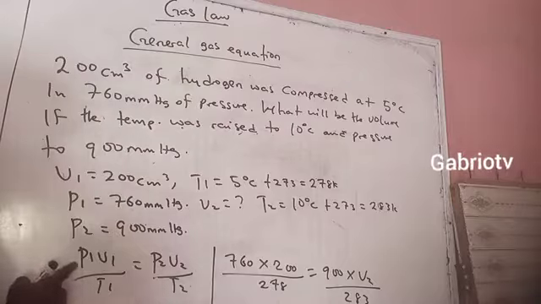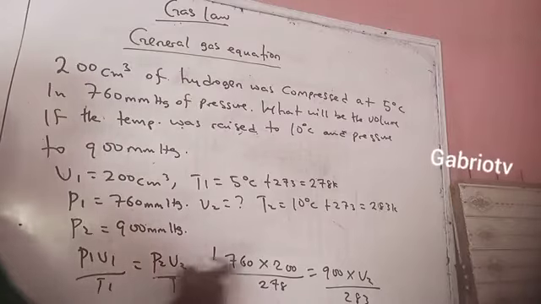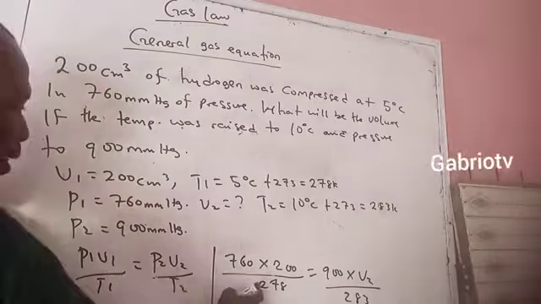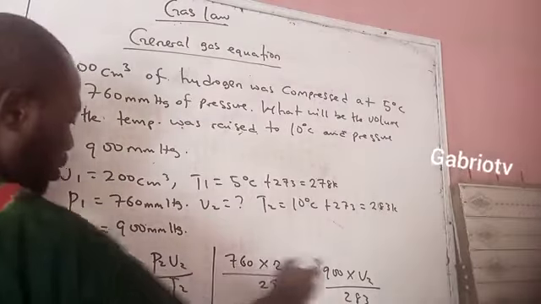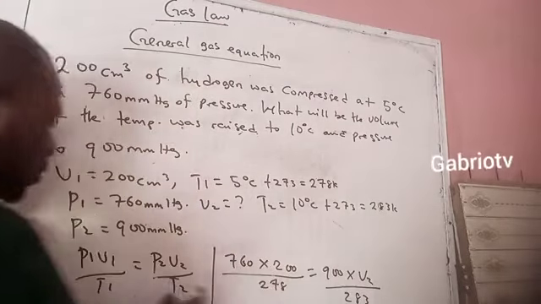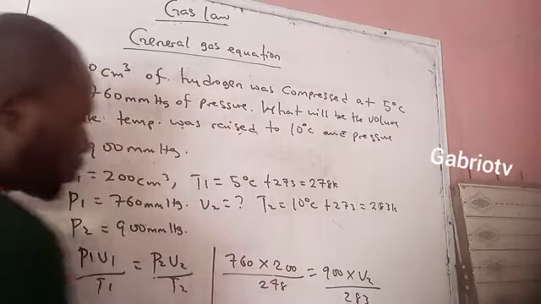So we have P1, V1, T1, P2, V2, and T2. So what do we do?